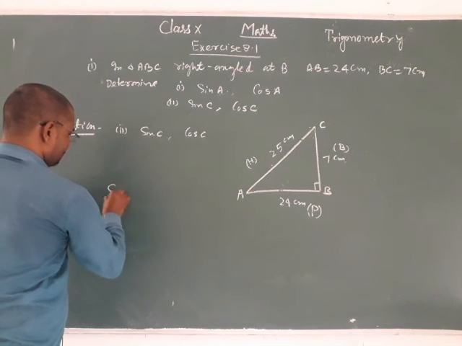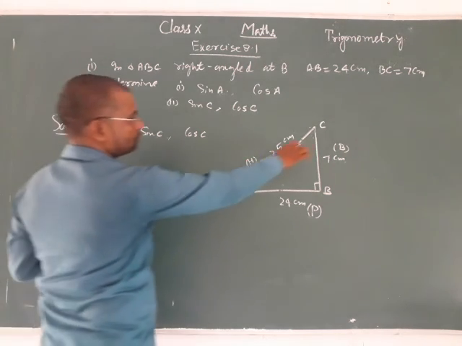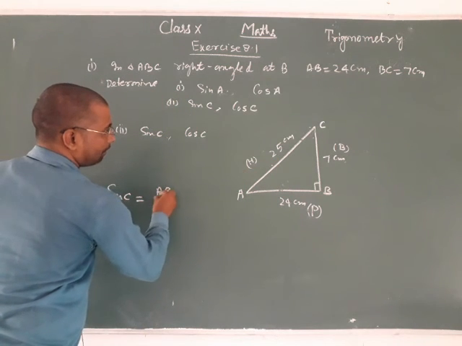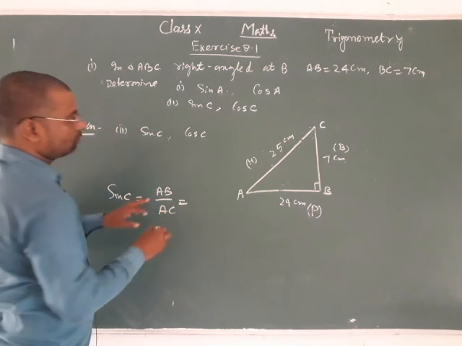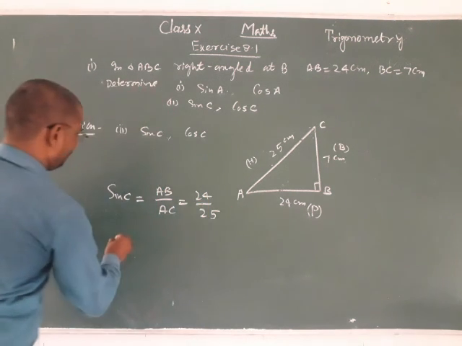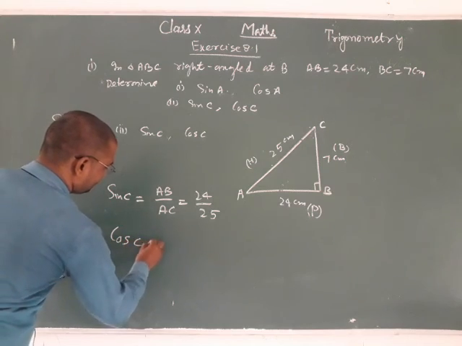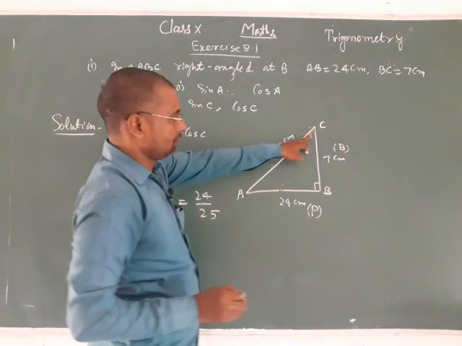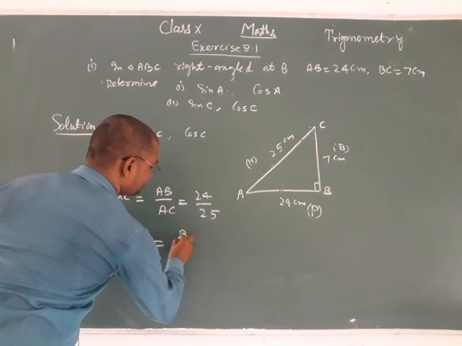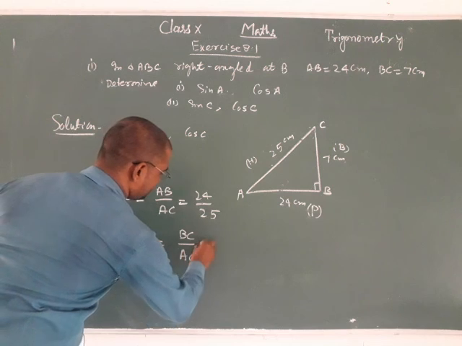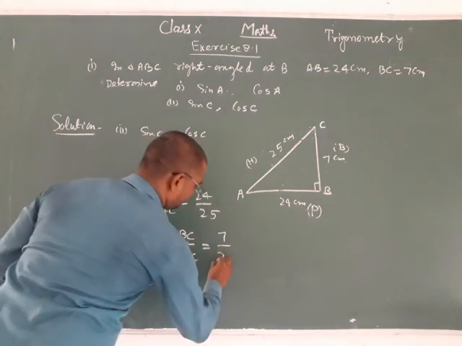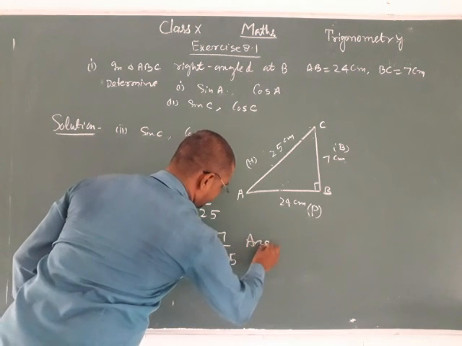Sin C is P by H, AB upon AC, which is 24 upon 25, and cos C is base upon hypotenuse, BC upon AC, which is 7 upon 25.